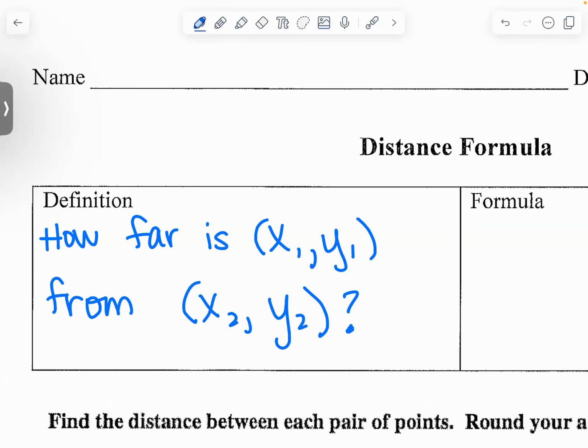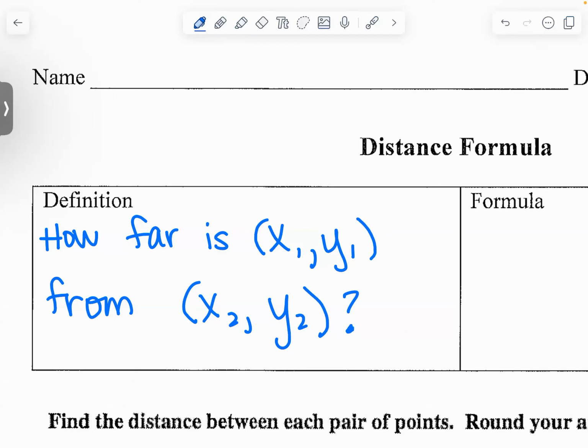Now, since we're talking about 2 different coordinates, do you see how I have cute little 1s right here and cute little 2s right here? That's just telling me, hey, this is the first coordinate. Hey, this is the second coordinate. Those aren't commas.